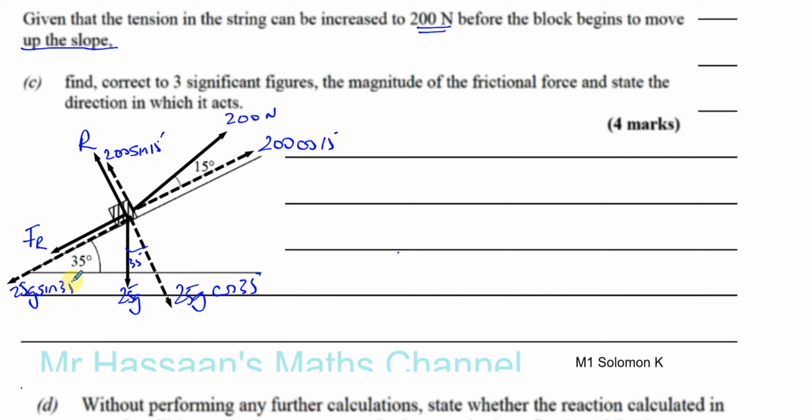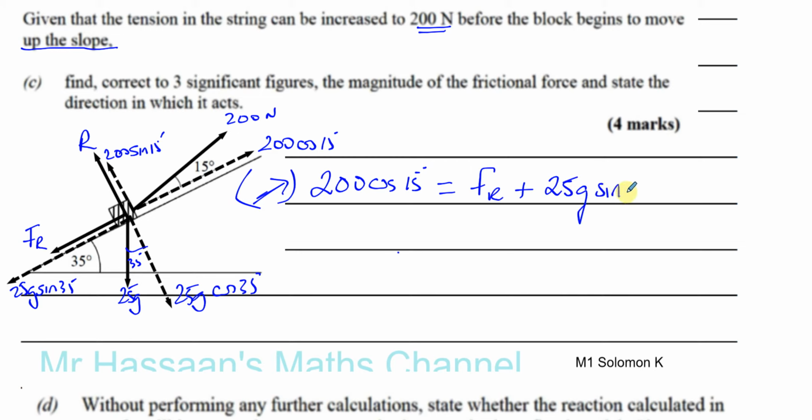So now we want to find the value of the frictional force here. If it's about to go up the plane, let's take up as positive. We've got 200 cosine 15 acting parallel to the plane upwards, must be the same as the frictional force, which we have to find, plus 25g sine 35.